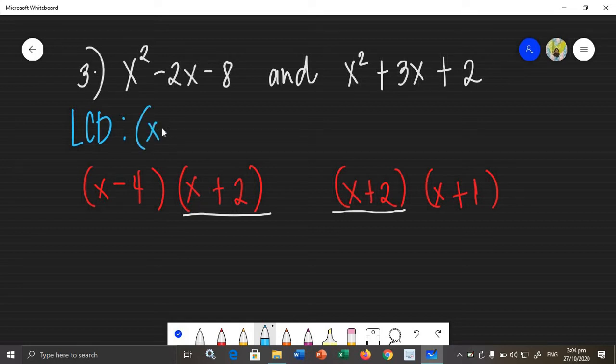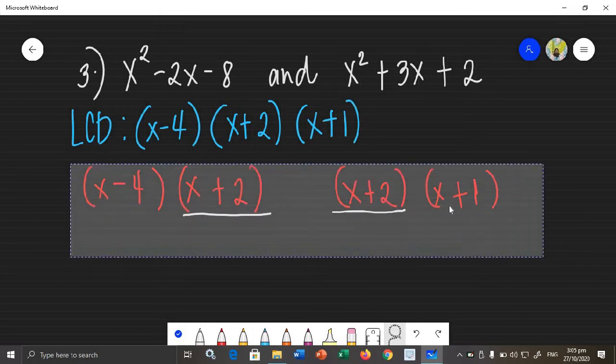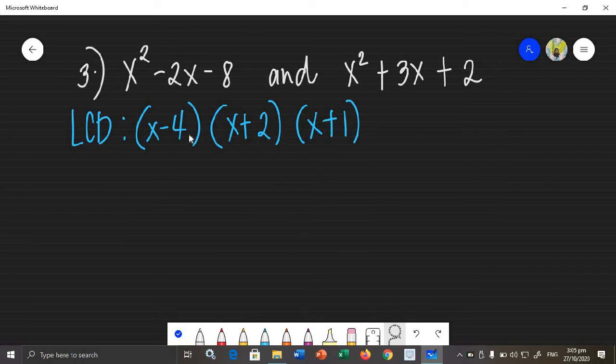So, quantity x minus 4, and then yung x plus 2, ika-count lang natin siya as isa, and then x plus 1. Therefore, this will be the LCD of this trinomial. Interchangeable kahit ano yung mauna. Ang LCD niya ay quantity x minus 4, quantity x plus 2, quantity x plus 1.